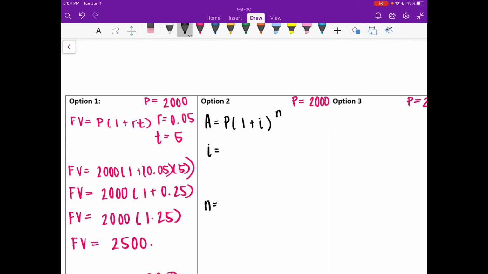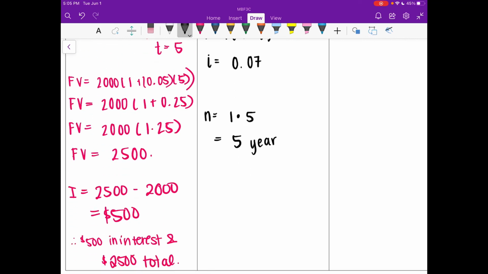If you go back and look at the chart, it says that this is compounded annually. That means that the interest rate stays the same. So i is going to be 0.07. And the compounding period is just 1 times the number of years, which is 5 years. So in this situation, our n and our i are the same as our r and our t, right?